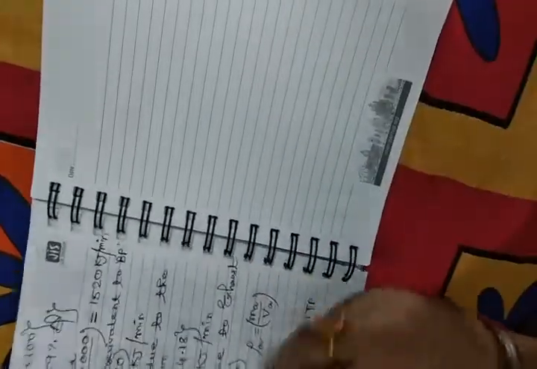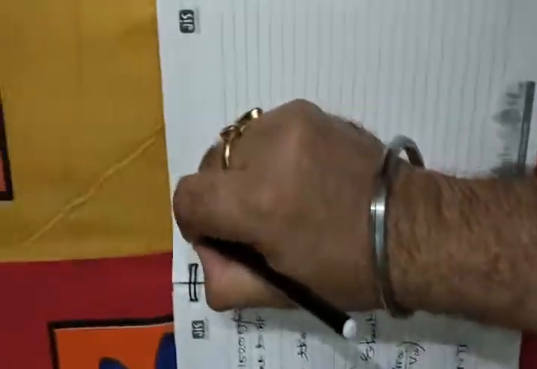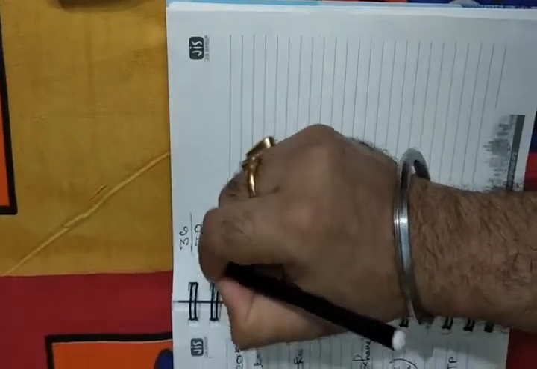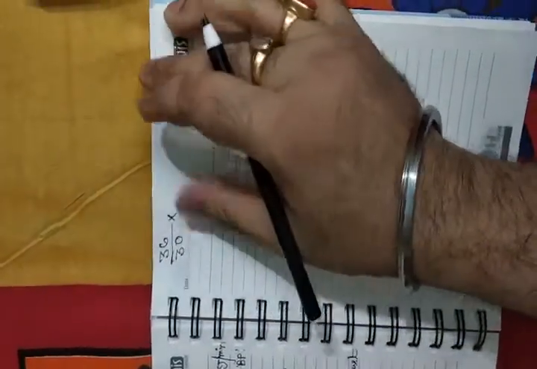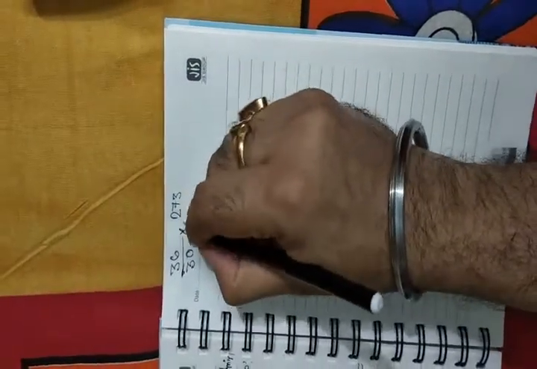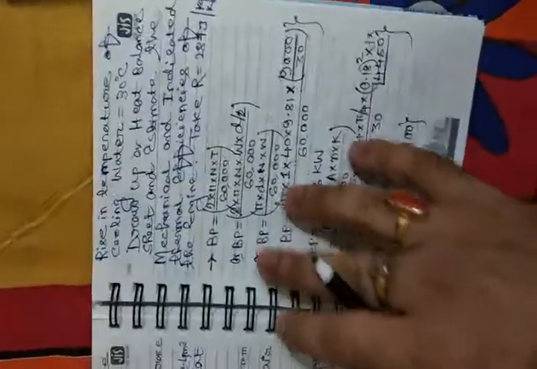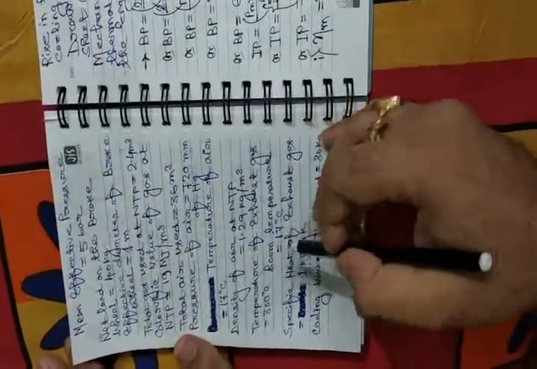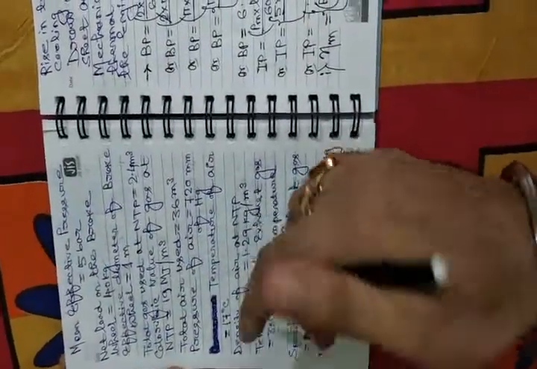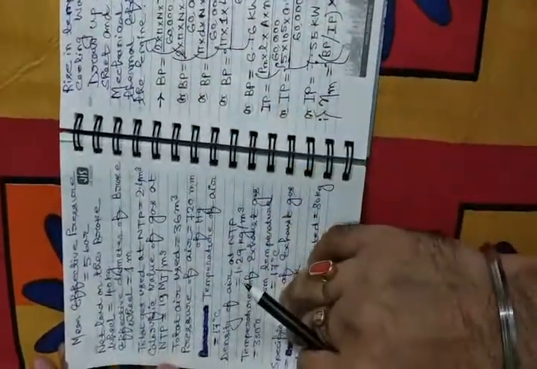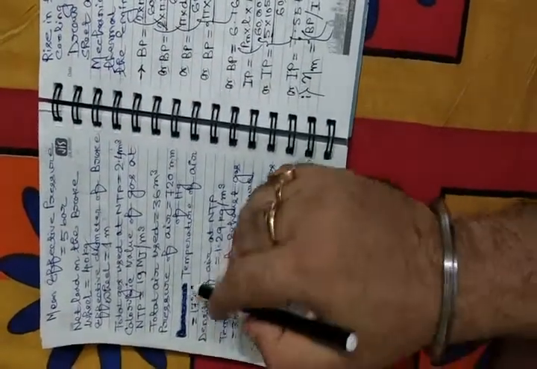Total air used at NTP is 36 by 30 into 270, and here the pressure of air is 720 millimeter, temperature of air is 17 degrees centigrade.